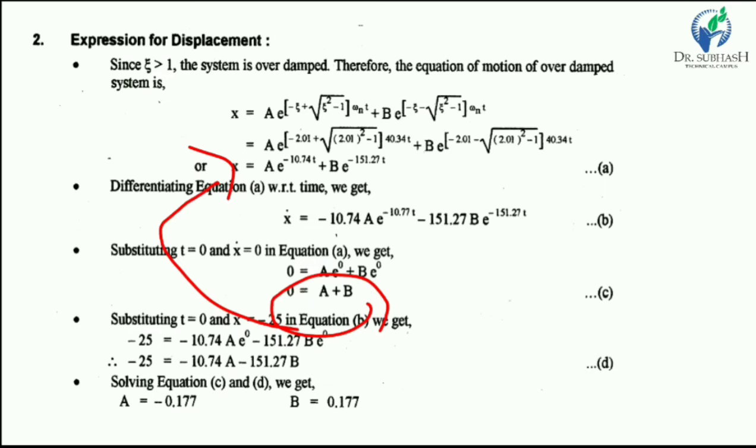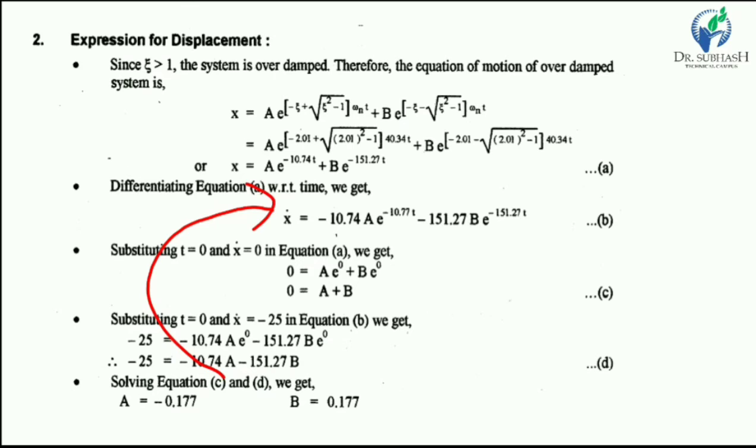Now here the mistake is there. Here it is not x dot, here it is x displacement. Now put the condition values in velocity. So here we know that the velocity is minus 25, and let's put the value of velocity negative 25.